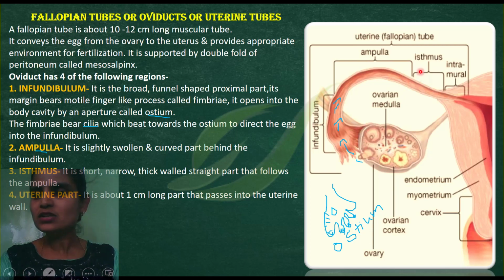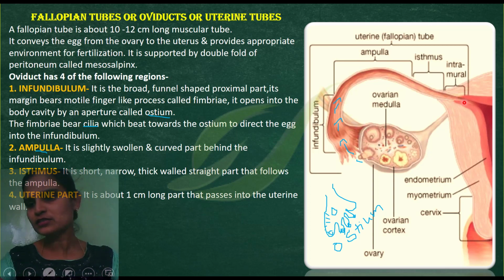The next region after the isthmus is the intramural region or uterine part. It connects the fallopian tube to the uterus. This is a very short part, about 1 centimeter long. It passes into the uterine wall.